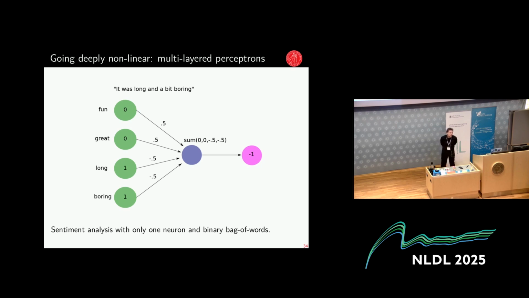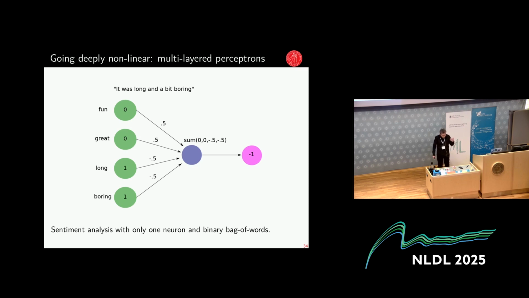In fact, we can populate this abstract graph with some real world task, like for example, sentiment analysis. So let's imagine that we want to predict whether some English sentence is positive or negative, based on whether the sentence contains words like fun, great, long, and boring.